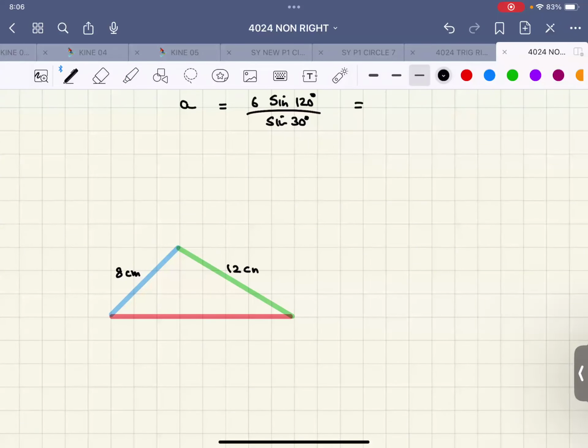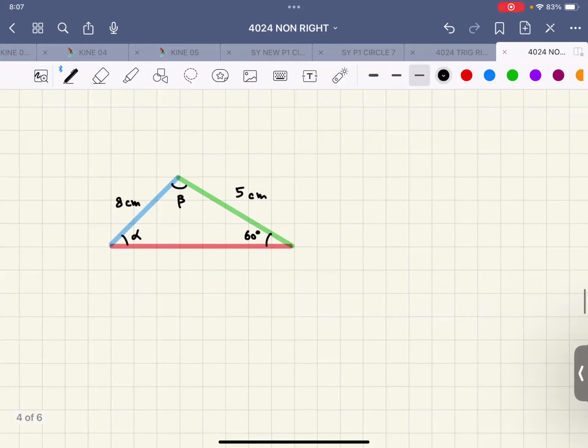This is 12 centimeter. Opposite to 8 is, hold for a second, let me just do the thing. So this is 5 centimeter. This is 60 degrees. This is alpha. This is beta. Now, more of an exam type question.